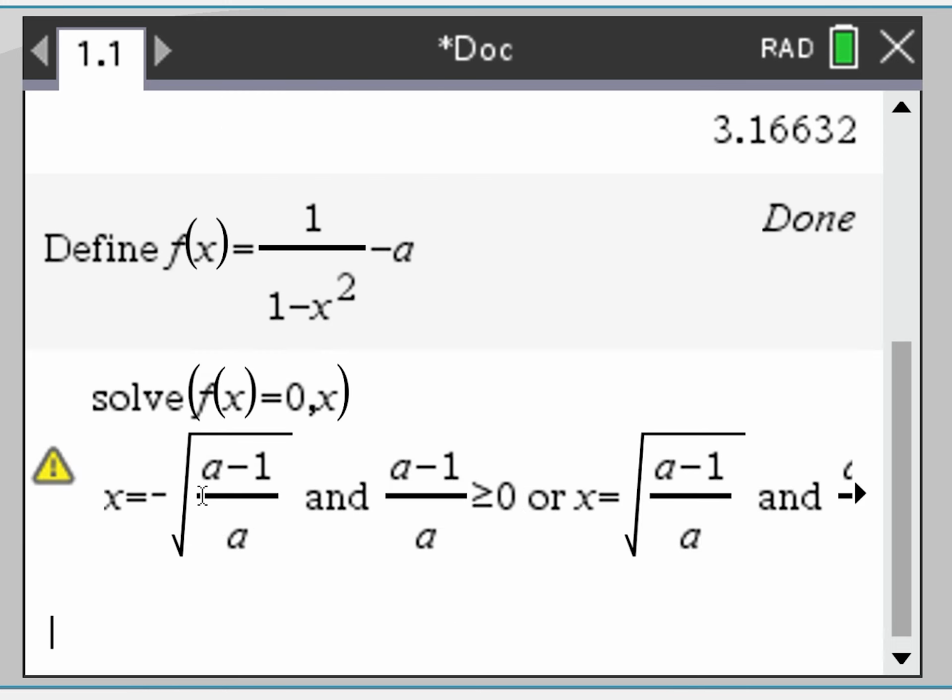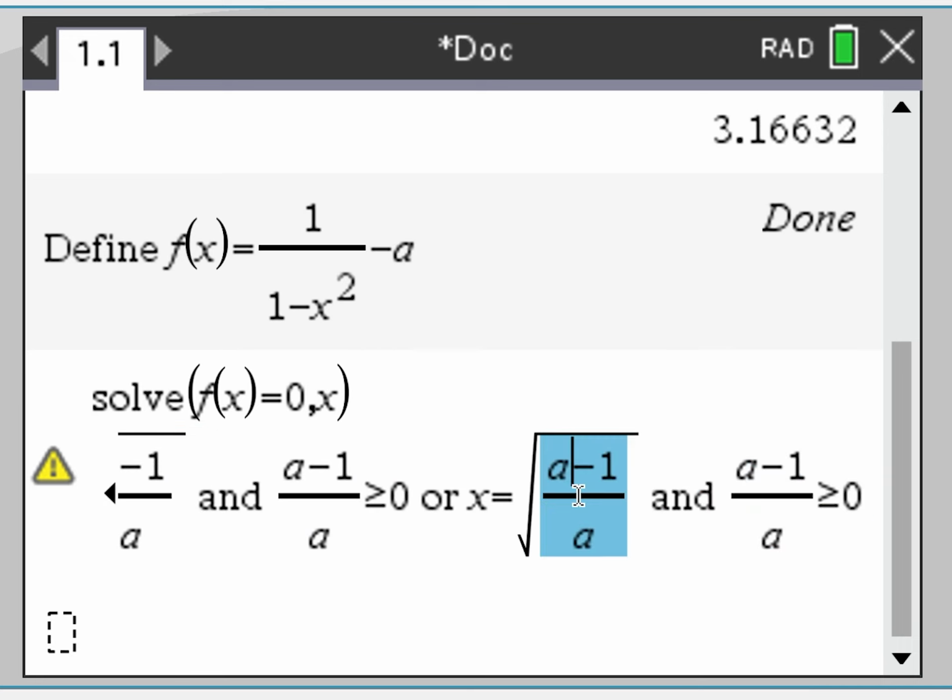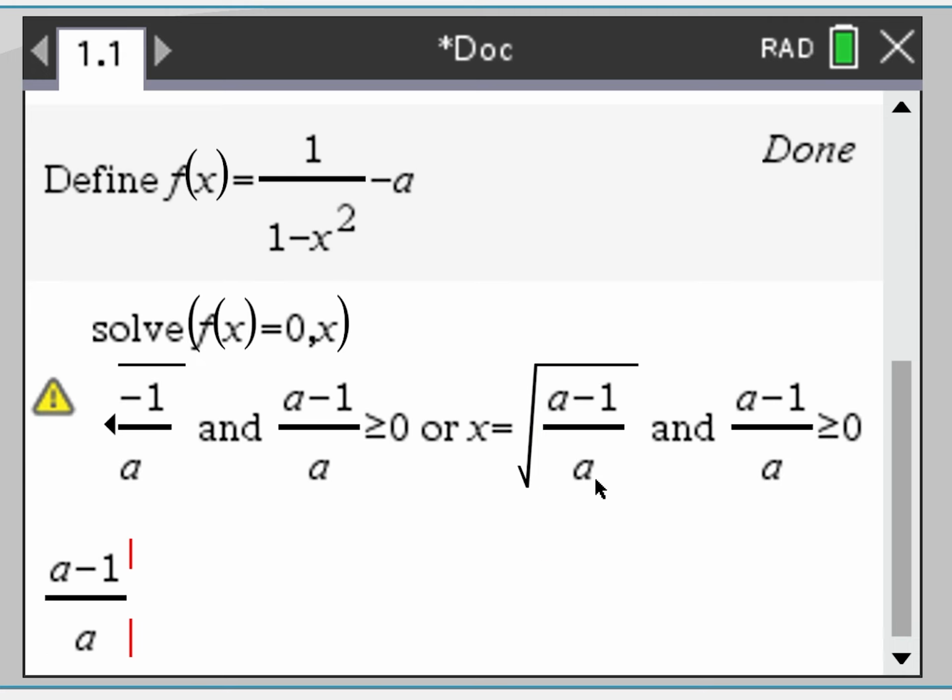Okay, so this is our first intercept, and this has to be greater than or equal to 0, which makes complete sense, because if this is not the case, then this would become undefined, or it will go into complex. And this is our second intercept, and of course this has to be greater than or equal to 0. So basically this will have 2 intercepts as long as this is going to be greater than 0.